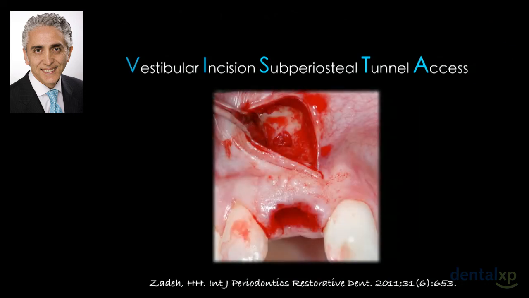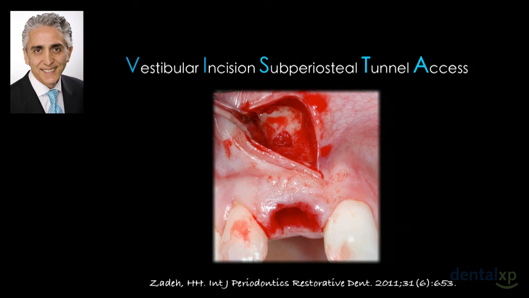Now, instead of making a flap to place the implant, we're going to utilize the VISTA technique. VISTA stands for vestibular incision, subperiosteal tunnel access. So we make an incision in the vestibule, and that is the basis of our access. When I try to go through the intracellular tunnel, it's difficult for me.